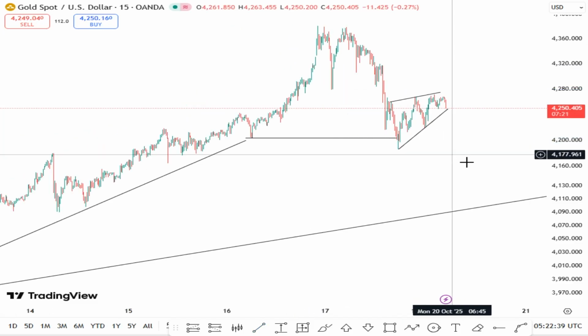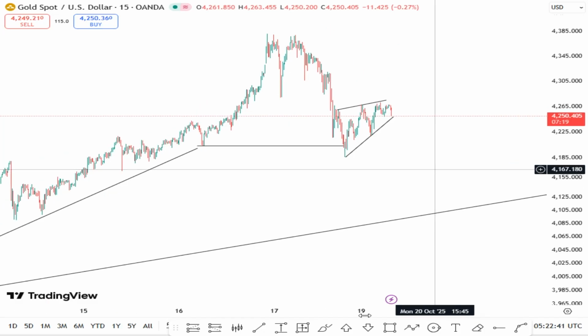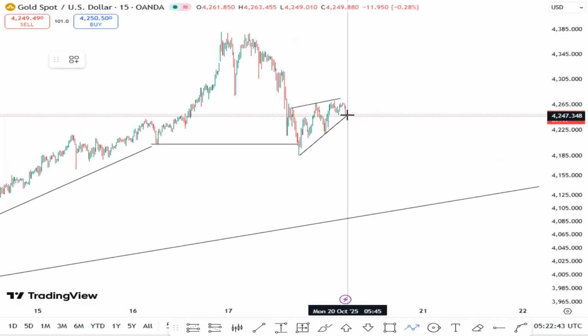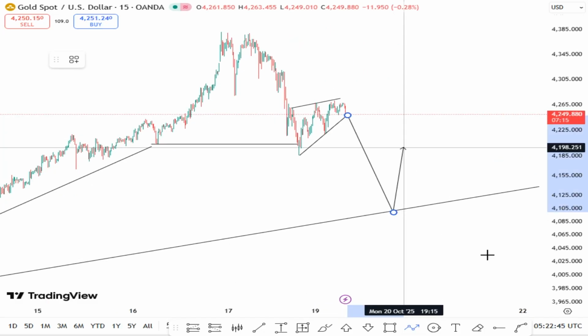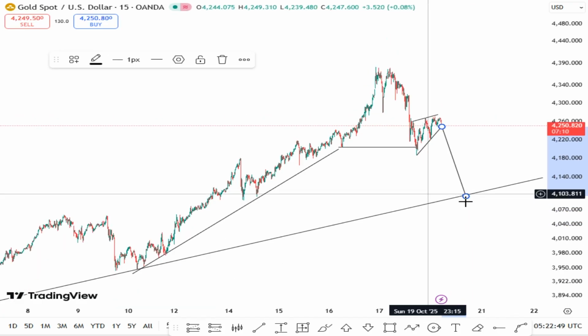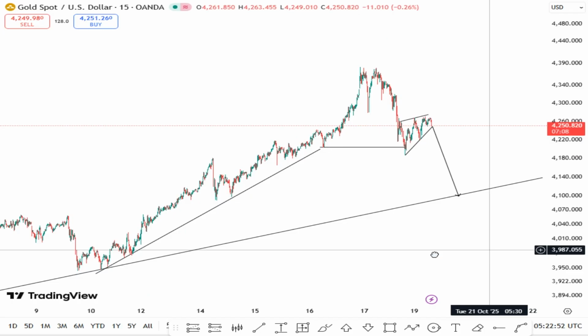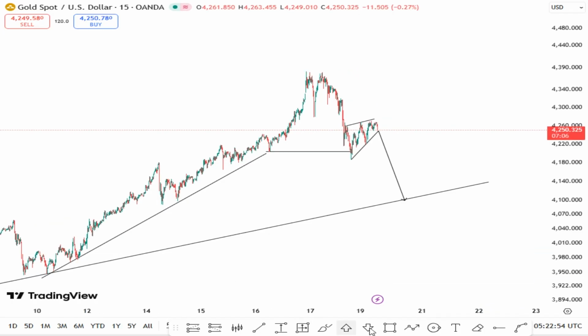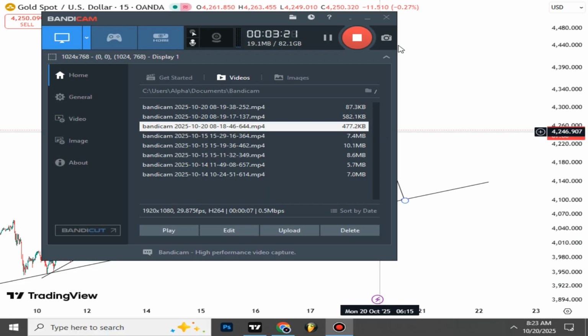Good. Now my anticipation will be that we might continue dropping, maybe to go back to retest this trend line. Probably the market might not drop all the way down, right? But all we need to do is just follow along. This might not even be a bearish trend. Let me just remove these.